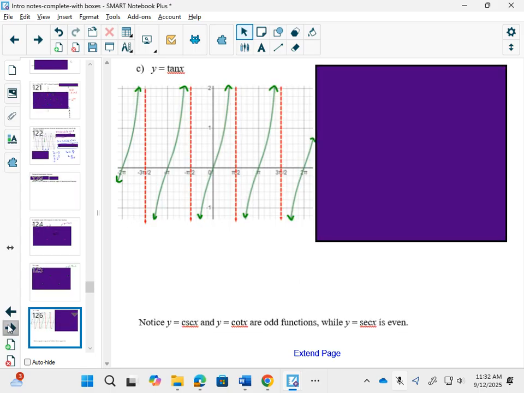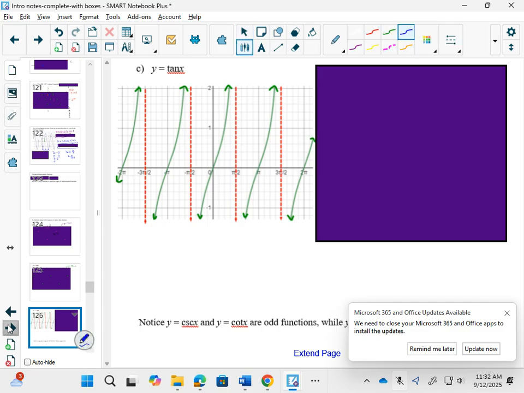Here's our tan graph. Off to the side here, I'm going to graph cotangent. Cotangent, you know from your identities unit last year, is 1 over tangent. Cotangent is also what from your identities unit?